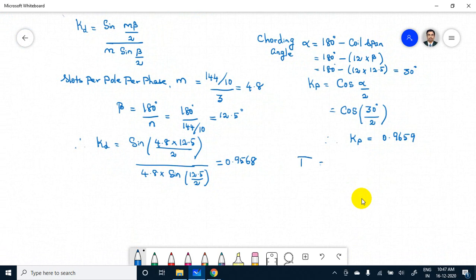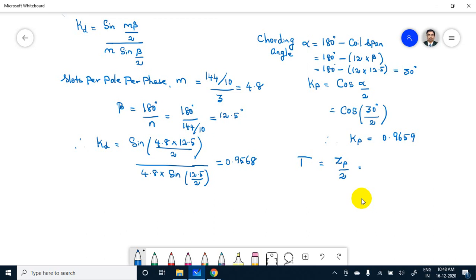T equal to Zp by 2, where Zp is nothing but number of conductors connected. How to calculate Zp? Zp equal to number of slots into number of conductors per slot.